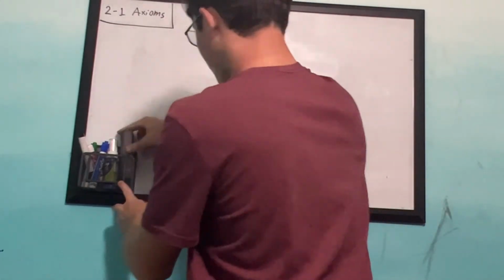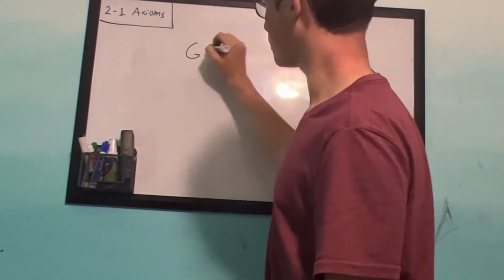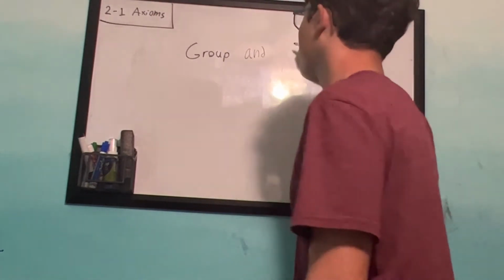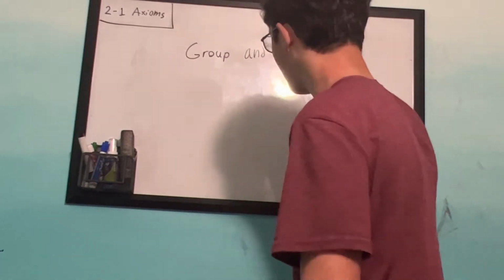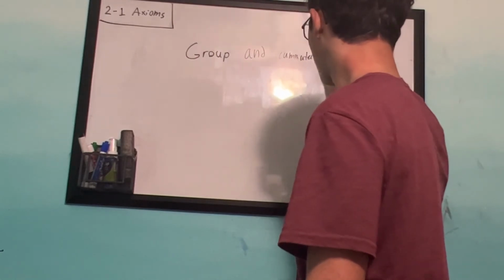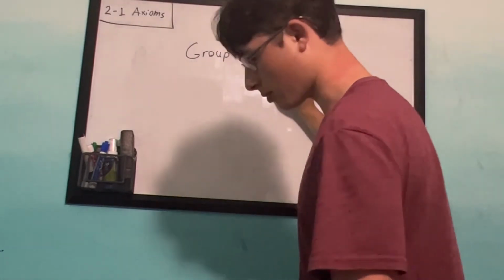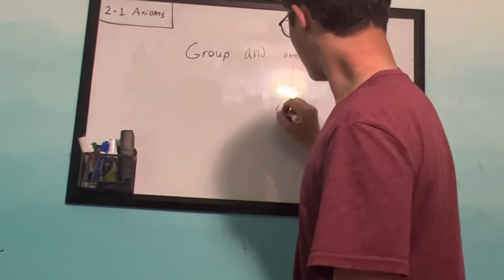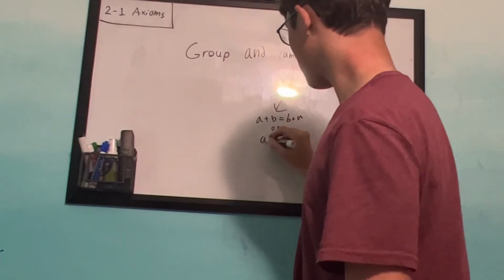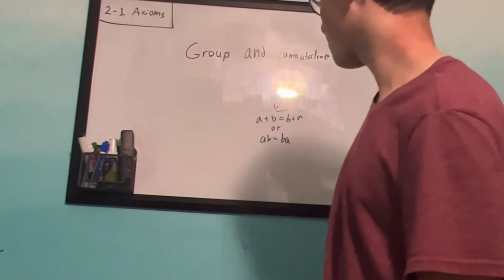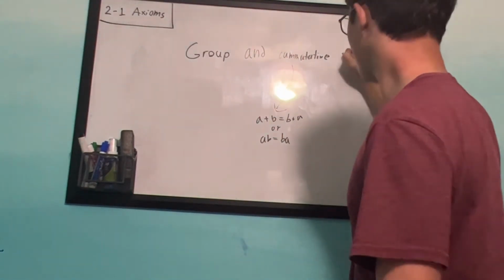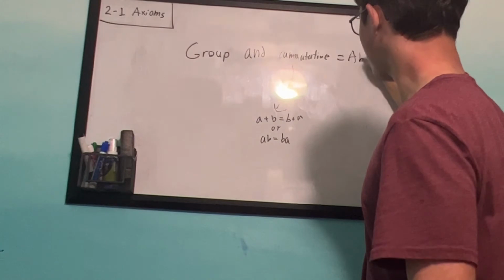So let's say you have a group and it's commutative, which is the same as saying a plus b equals b plus a, or ab equals ba. If it fits these requirements as well, then it's not just a group, it's an abelian group.